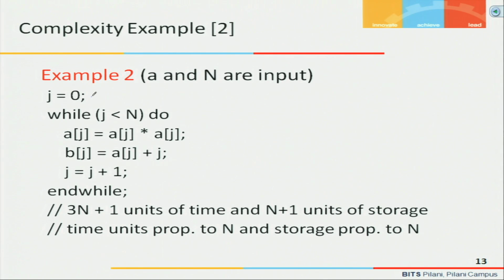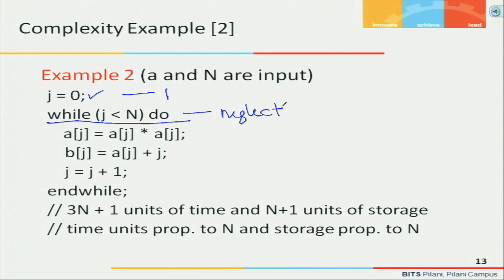So, we have the first assignment, which is going to take us 1 unit of time. We have to initialize j, that is, j is assigned value 0, which is 1 unit of time. This particular statement is a while loop, so we are going to neglect this. Now comes the execution of the loop.